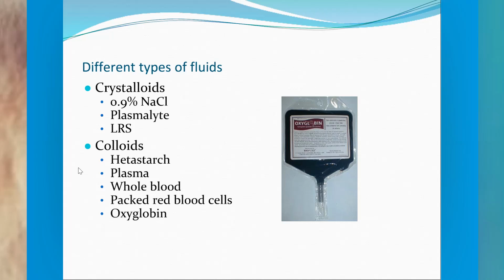And Oxyglobin we currently don't have in the United States. It was on the market way back in the day, probably around 2007, somewhere around there. It was taken off of the market.